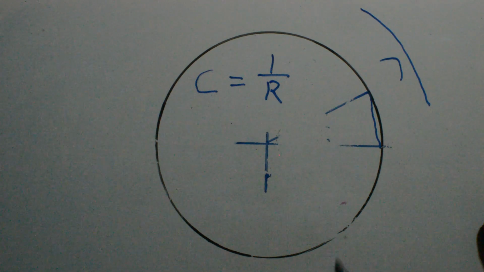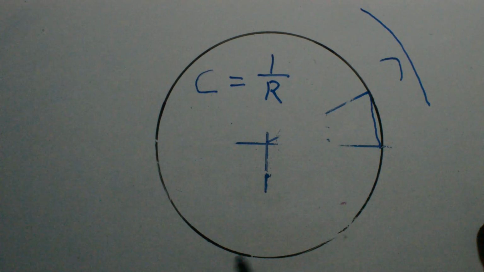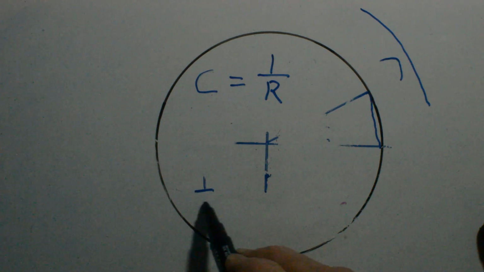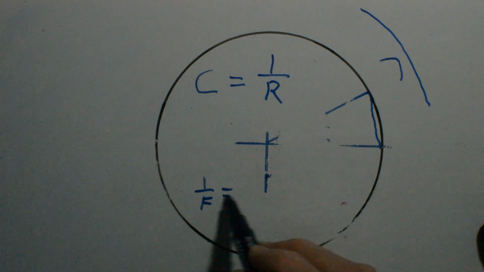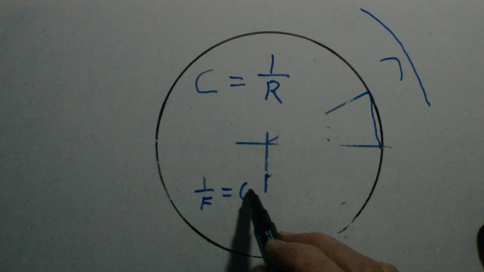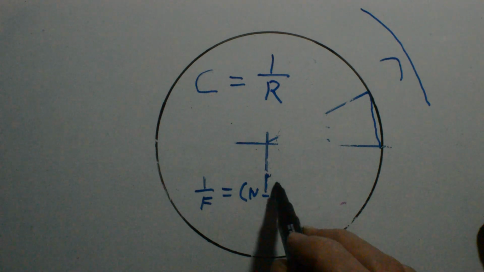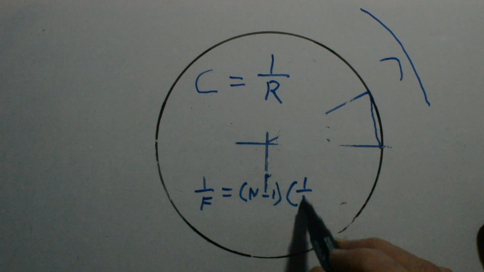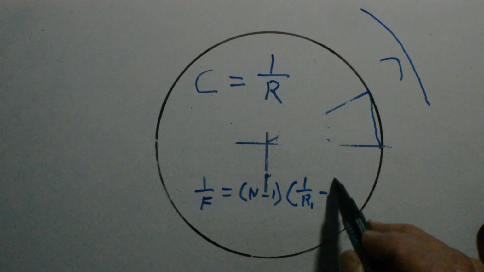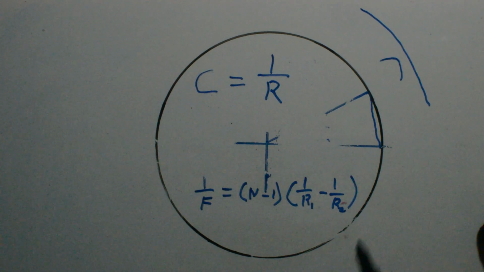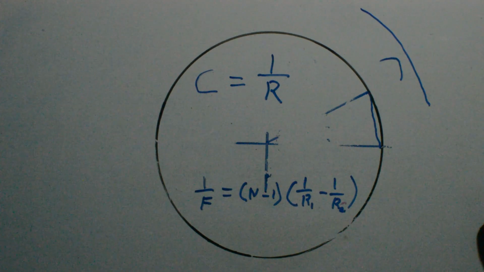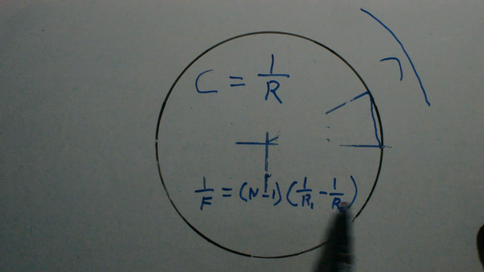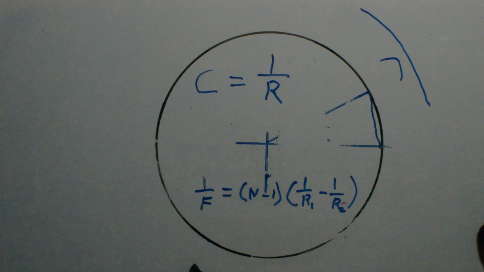I'll give you an example very quickly. This is the lensmaker's equation: 1 over f, focal length, is equal to n minus 1 times 1 over r1 minus 1 over r2. But if we convert these to curvatures, we have power.